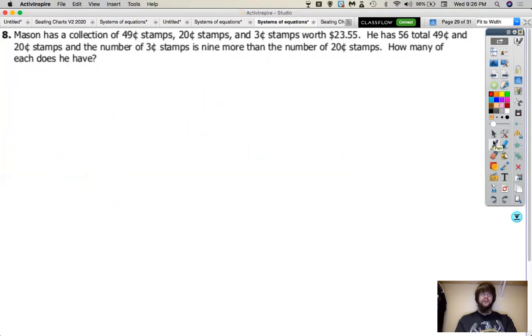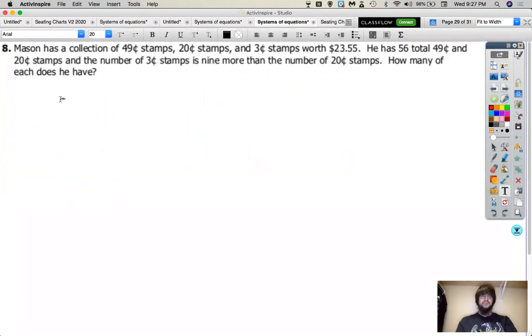Mason has a collection of 49-cent stamps, 20-cent stamps, and 3-cent stamps worth $23.55. Okay, so let's see what are we going to label our variables. We got stamps, stamps, and stamps. ABC, XYZ, LMNOP, whatever you want. I don't care. I'm going to do XYZ, as long as I say what each thing is.